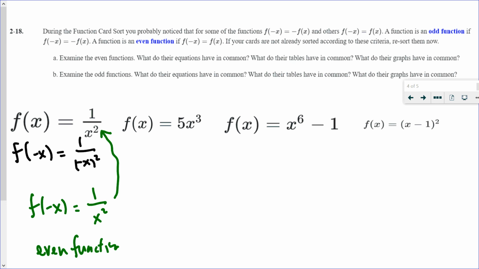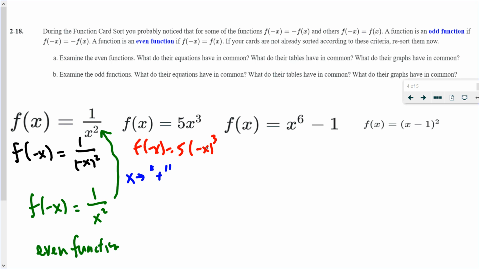Okay. If I have f of x is 5 times x cubed, I'm going to go f of negative x equals 5 times negative x cubed. And let's think about what could happen with that. Let's say my original x is positive. If I plug that in there, the negative will make that positive number negative.